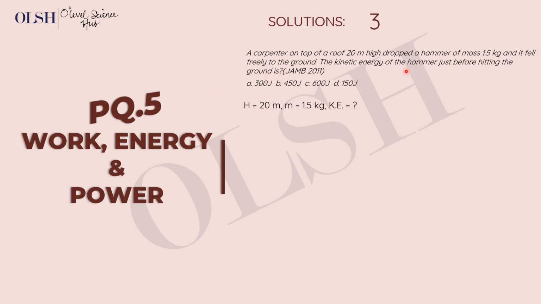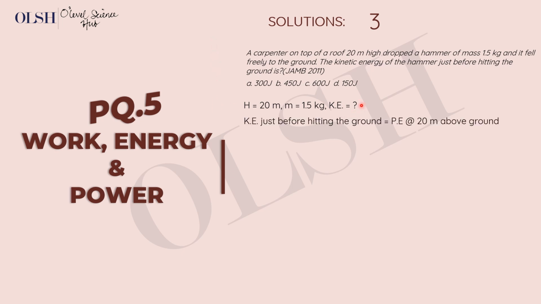So if you're asked to find the kinetic energy of the hammer just before hitting the ground, it's the same thing as asking us to find the potential energy of the hammer at the height where it was, because it's that potential energy that would get converted to kinetic energy at the ground level just before it hits.